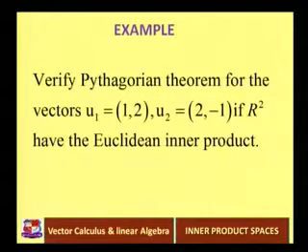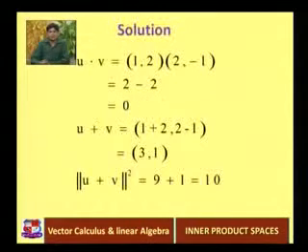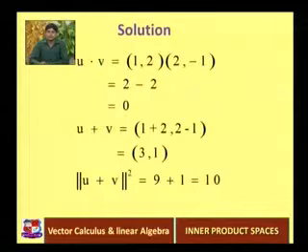Let's look at an example verification of the Pythagorean theorem. We have two vectors, u equal to (1, 2) and v equal to (2, -1), and R2 has the Euclidean inner product. How can we verify the Pythagorean theorem? First, we have to prove u and v are orthogonal.